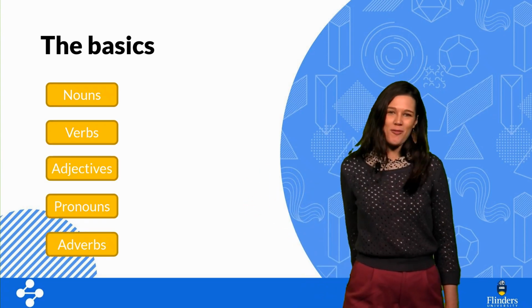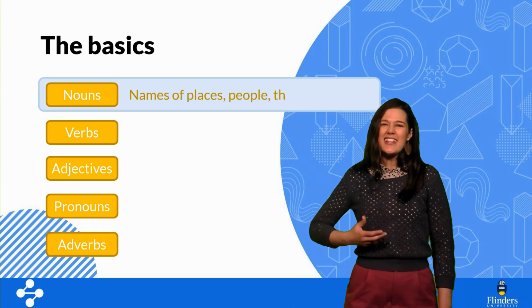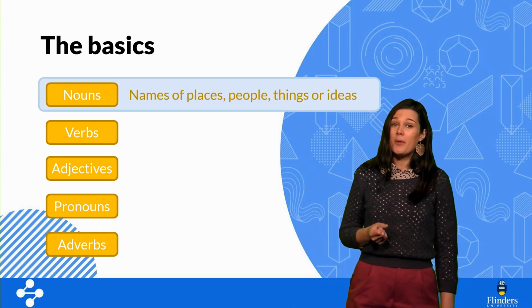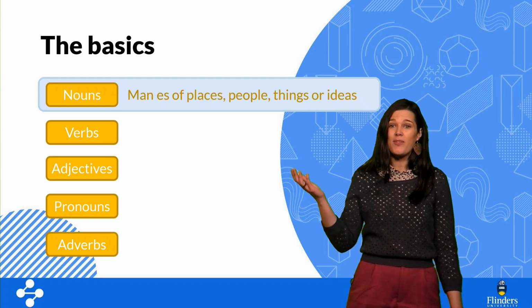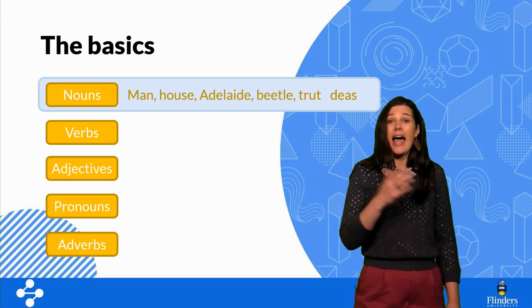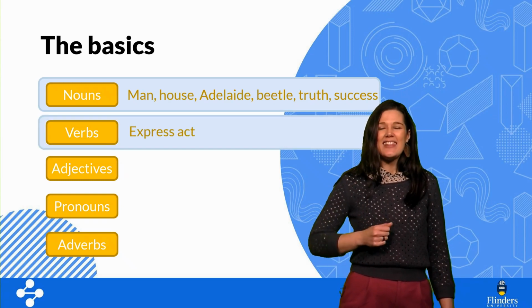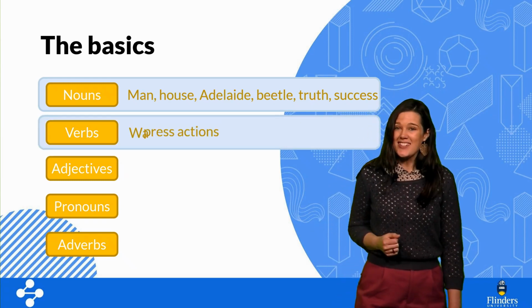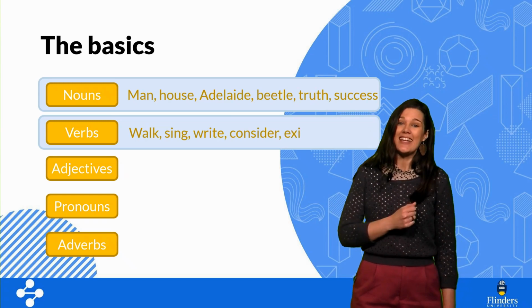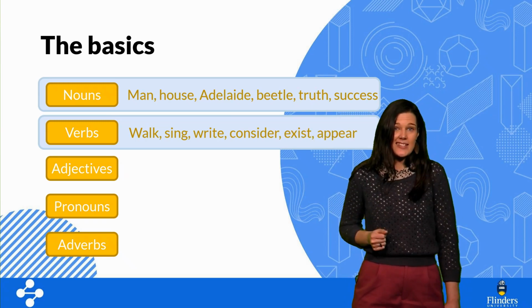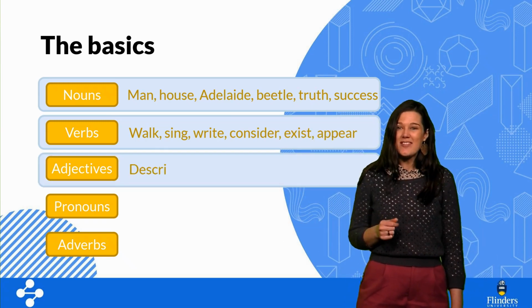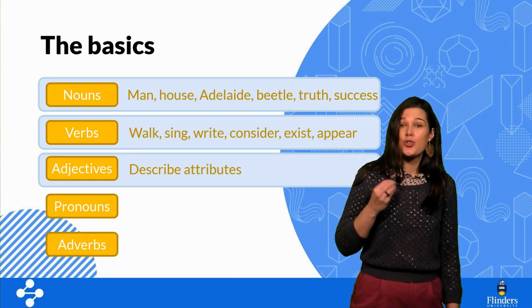I'm sure these are all very familiar to you, but nouns, these are the names of places, people, things, or ideas. So things like man, house, Adelaide, beetle, truth, success. Verbs express actions. So walk, sing, write, consider, exist, appear. Adjectives describe attributes.